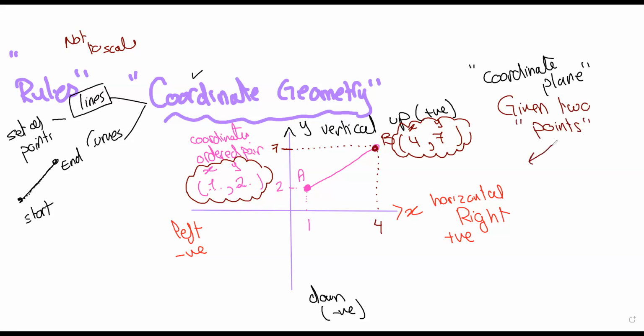You might be asked 3 very important questions. The first question is finding the gradient of this line, and we are going to discuss the meaning of the word gradient. The second question is finding the midpoint of this line. The third question might be to find the length, or the distance, between point A and point B.